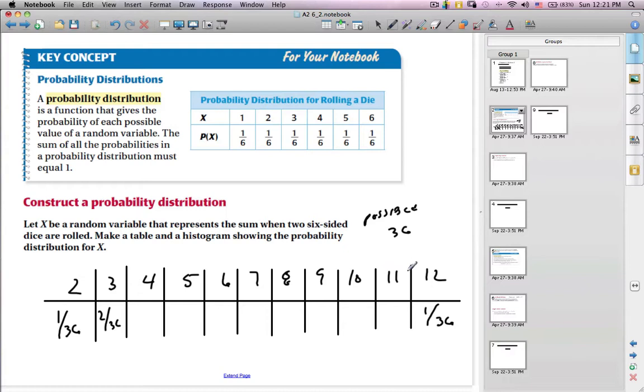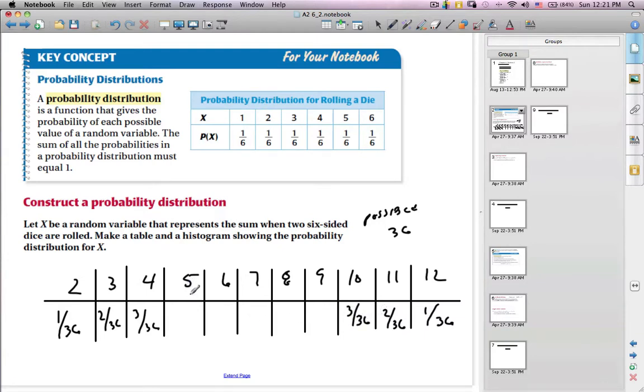I can have a 5 and a 6 or a 6 and a 5. That's also 2 out of 36. When we talk about a 4 coming up, we could have a 1 and a 3, a 2 and a 2, or a 3 and a 1. So there are 3 different ways out of 36. And that's similar with the 10. I could have a 6 and a 4, a 4 and a 6, or a 5 and a 5. 3 out of 36.